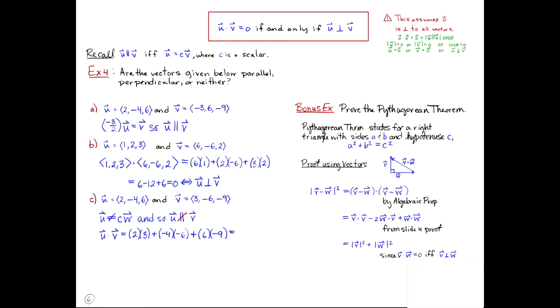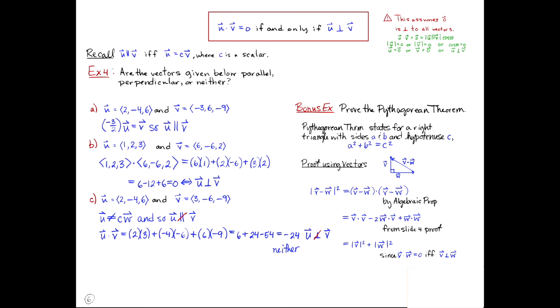And that simplifies down to 6 plus 24 minus 54, which is -24. That tells us that the two vectors are not perpendicular. So u is not going to be orthogonal or perpendicular to the vector v. And so in this case, they're neither.